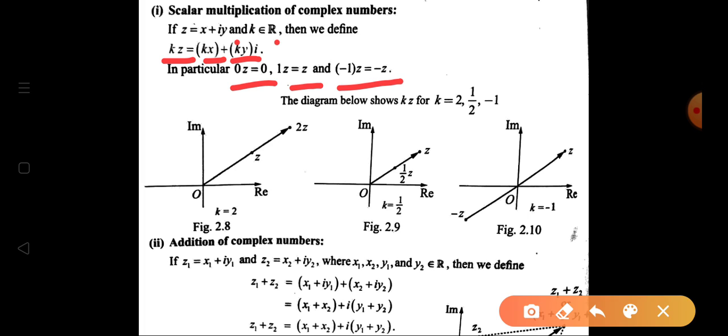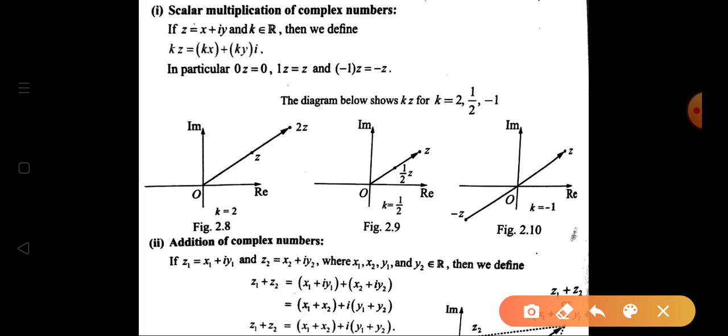The diagram below shows kz for k equal to 2, 1 by 2, minus 1. Okay, we are taking 3 constant values, that is 2, 1 by 2, minus 1. Listen, here we take z.